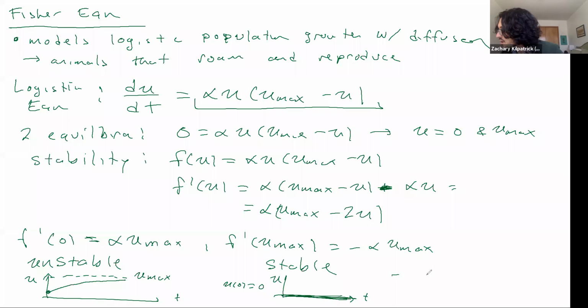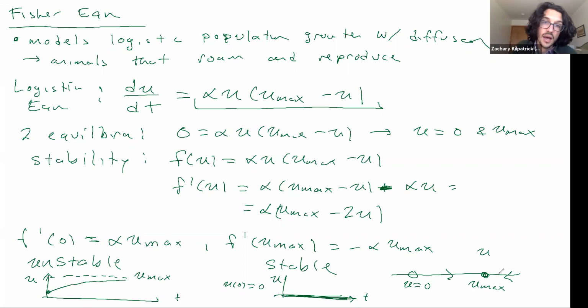If we draw the phase line, this is u equals 0 and this is u max, and everything should flow into u max in this case. Sometimes these fronts are called pushed fronts because the unstable equilibrium pushes the state variable away from it. Okay, that's what I'll say about the logistic equation.